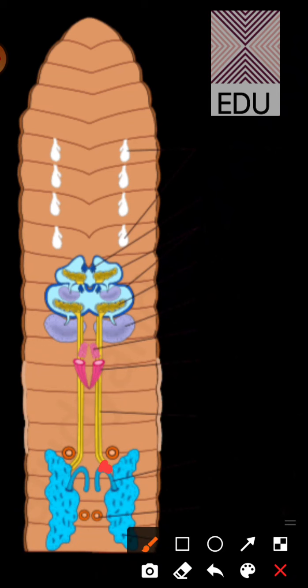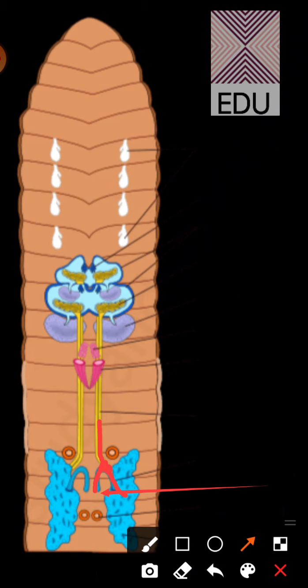So sperms are coming from upwards downwardly, and the prostatic fluid is coming in this direction. So both mix and they come out at the 18th segment. So students, this is a very important thing, that they are opening at the 18th segment here.